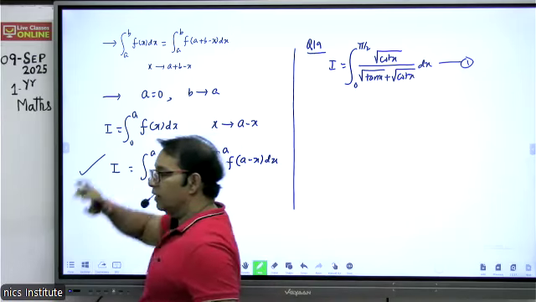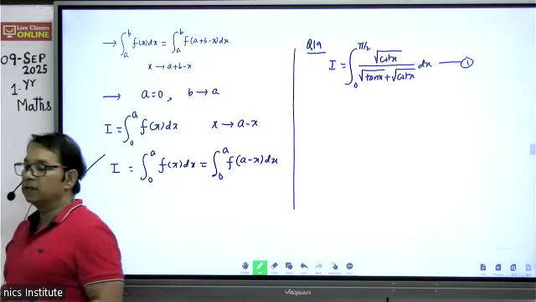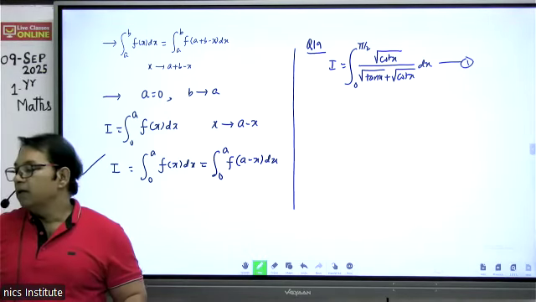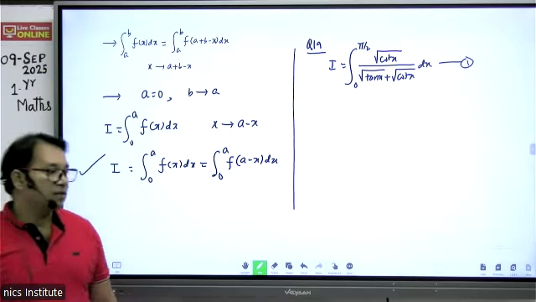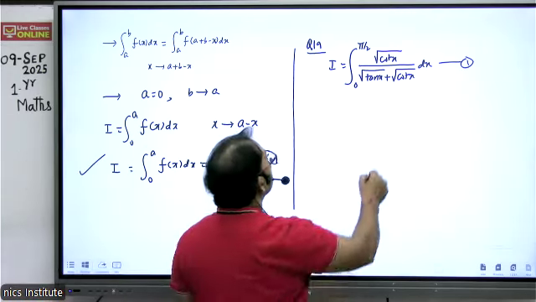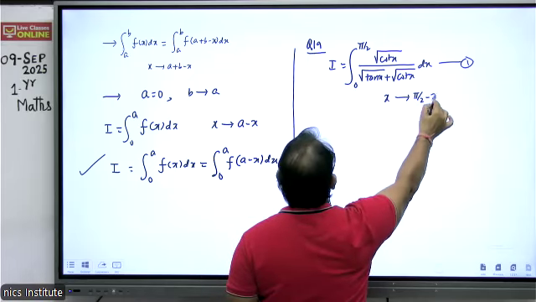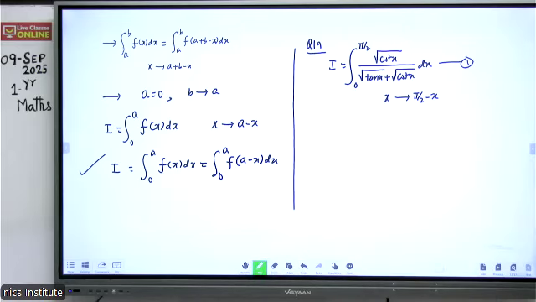See, if this was an indefinite integral question, you can't integrate this. It's non-integrable. But since properties are there with us and we have limits, we can integrate it. So apply the property 0 to A: wherever you have x, replace it by A, which is pi by 2 minus x.